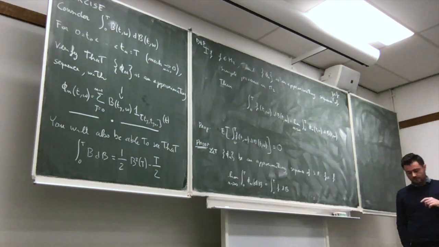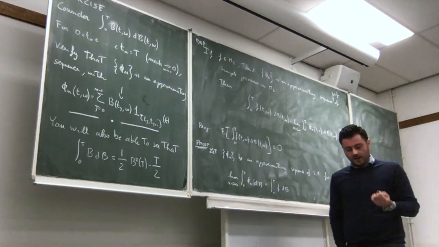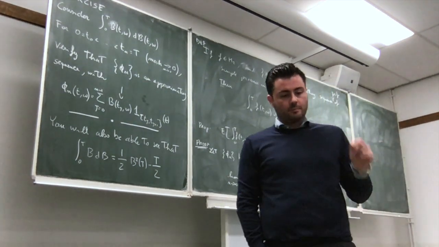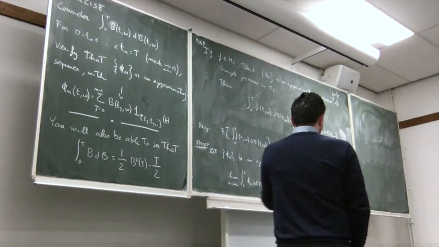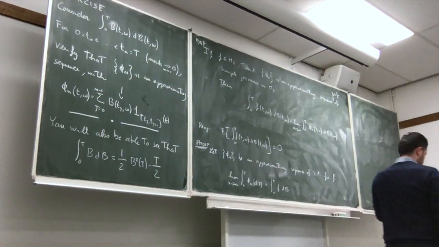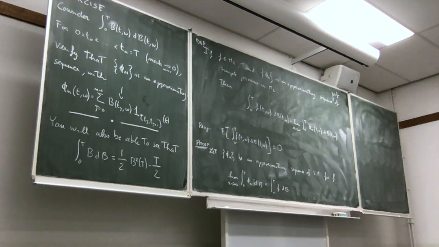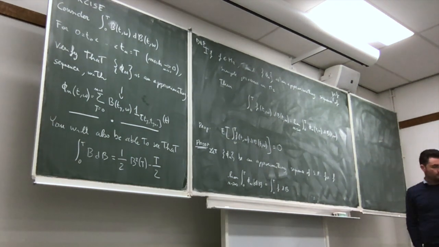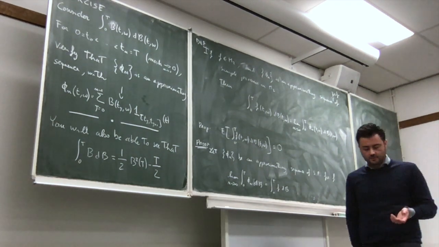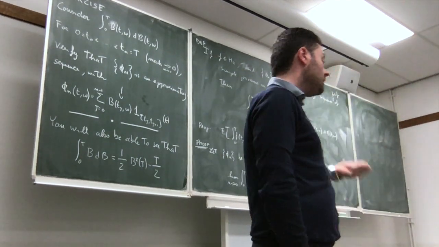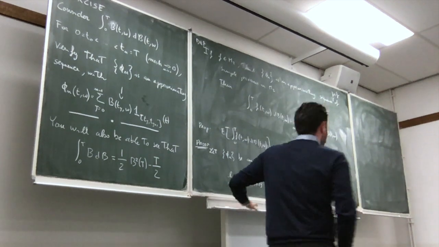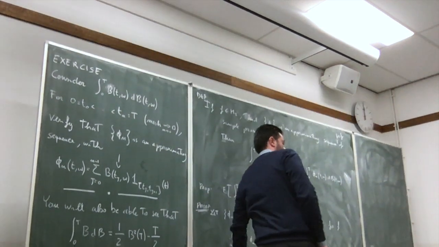And since phi_n is also an approximating sequence, what do we know? We know that this convergence is in quadratic mean because of the properties of the approximating sequence. But if this is true, we immediately know something thanks to the convergence in quadratic mean.